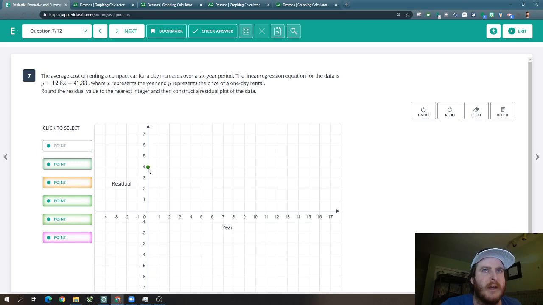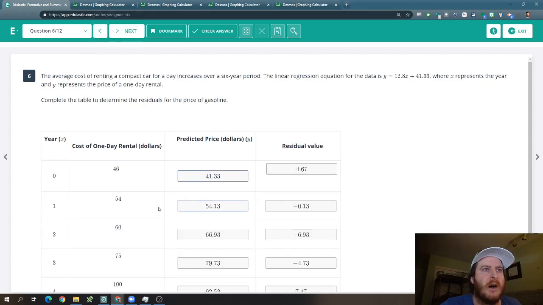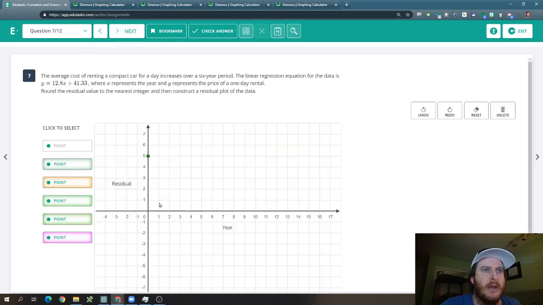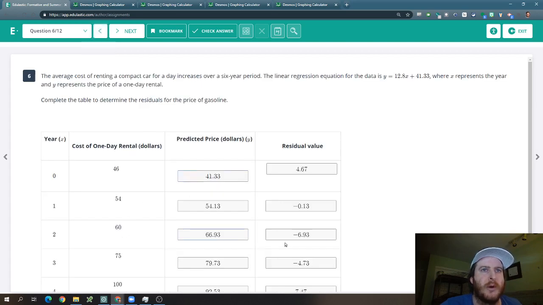And it doesn't let us on this one pick an in-between value, so I'm just going to round it to the nearest whole number, which would be 5. Okay. Then at 1, we're plotting negative 0.13. The closest whole number would be just 0. Then at 2, we're plotting negative 6.93. The closest whole number would be negative 7.